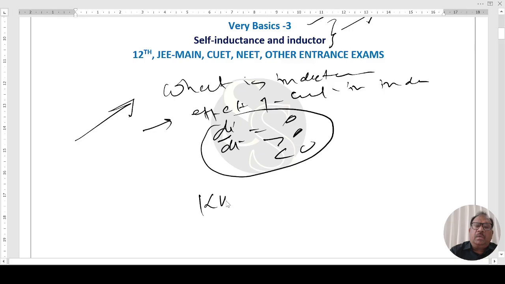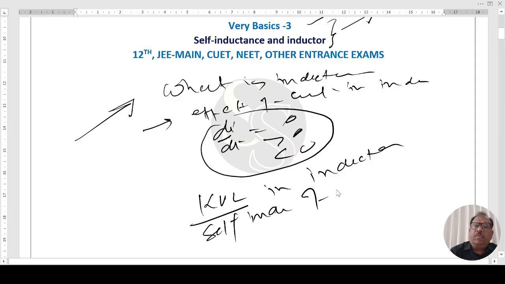KVL, Kirchhoff voltage law in inductor, and self-inductance of a solenoid. All these topics will be discussed one by one through illustrations. It is requested to go through the complete session. It is going to be very interesting.